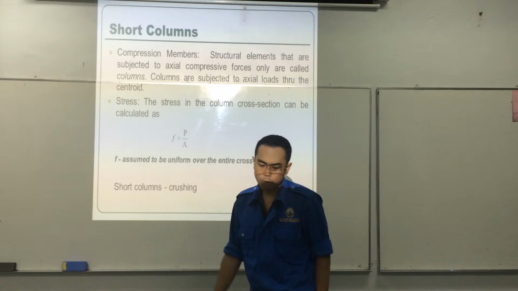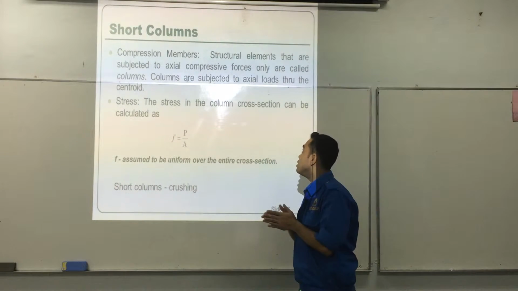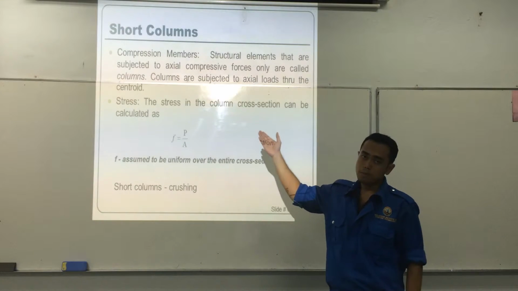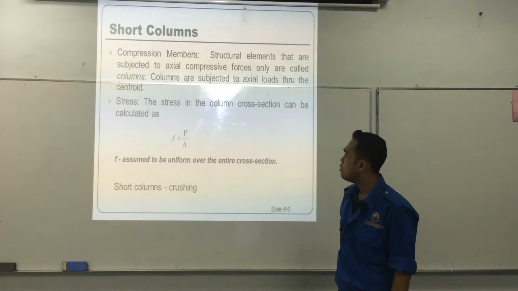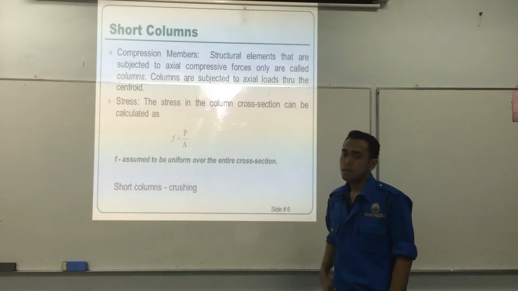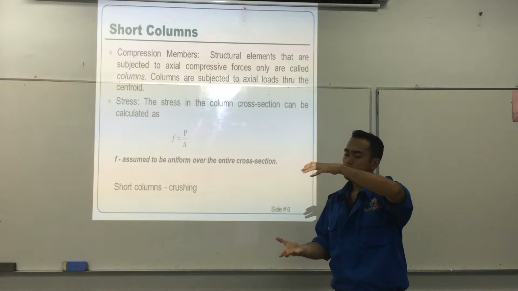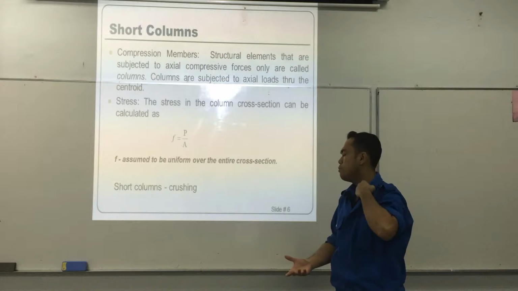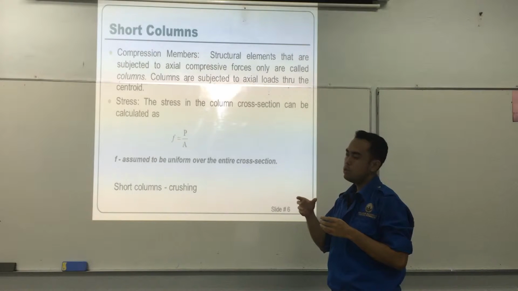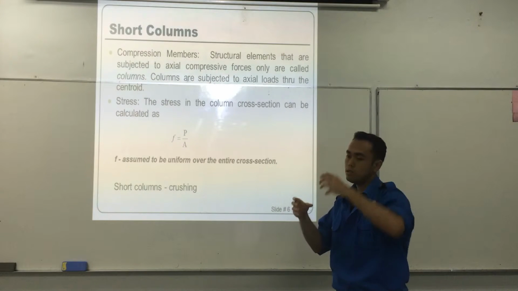Today I will present about the short columns. The structural elements that are subjected to axial compressive force only are called columns. Columns are subjected to axial load through the centroid. When we apply the force from the top or bottom, the resultant force can act at the centroid.